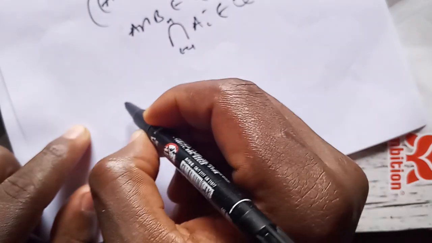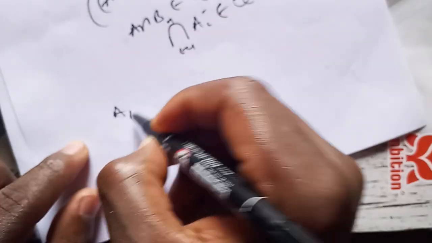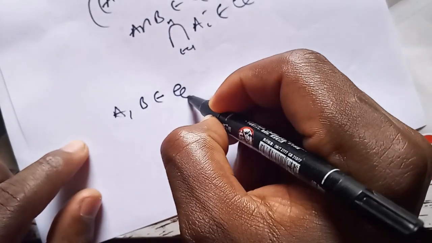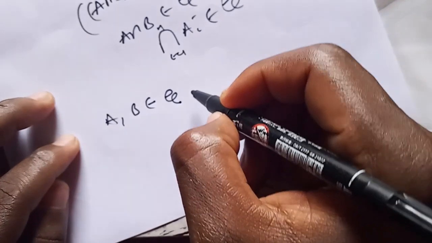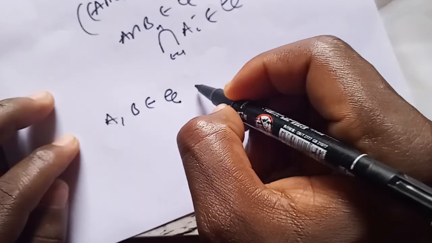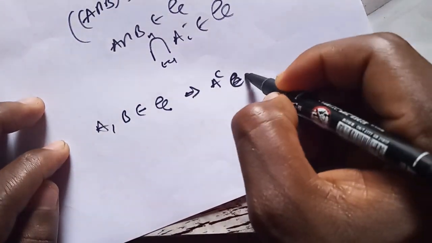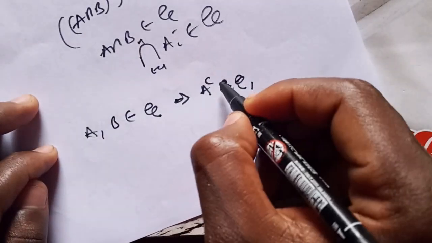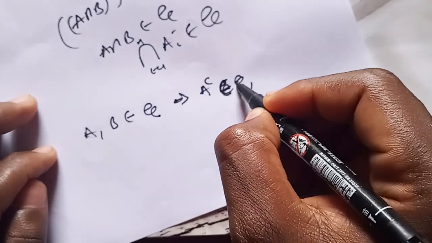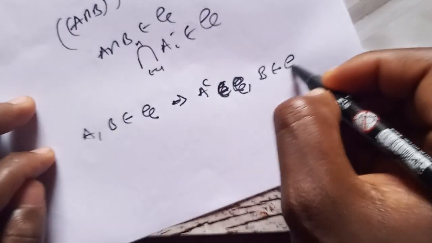Now watch. Observe that if A and B are in the algebra, then this implies that A complement is in the algebra, and B is also in the algebra.